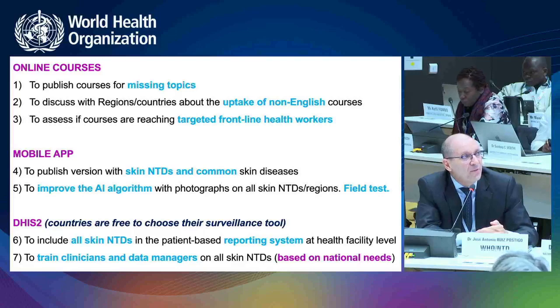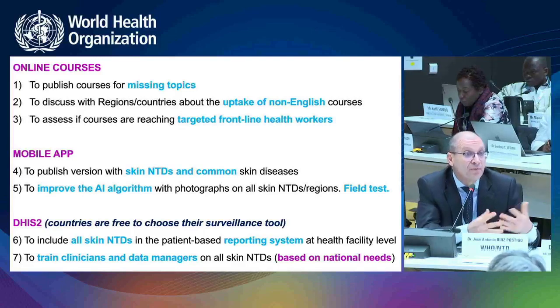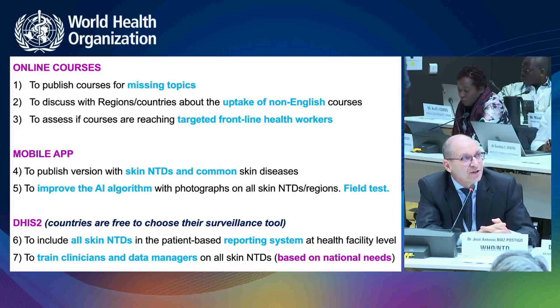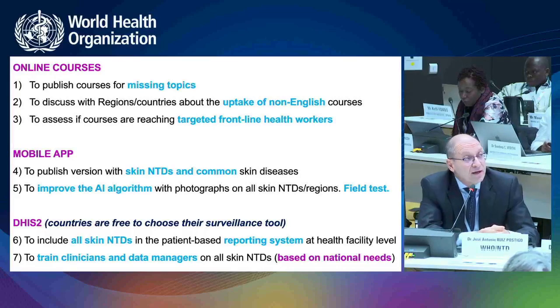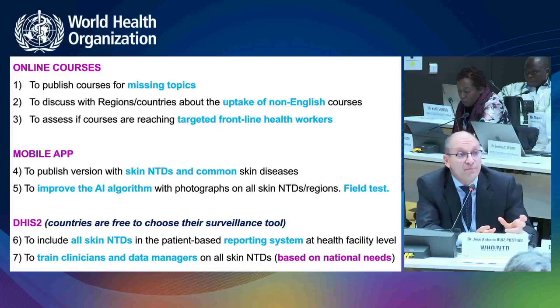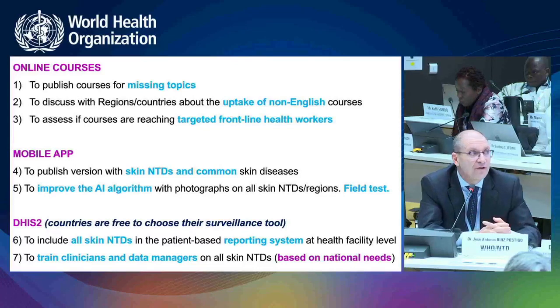As regards the mobile app, we hope to publish, to make it public, this new version with common skin diseases in the coming 4 weeks, and then to improve the augmented intelligence algorithm with photographs, and in both cases, to do this field test.